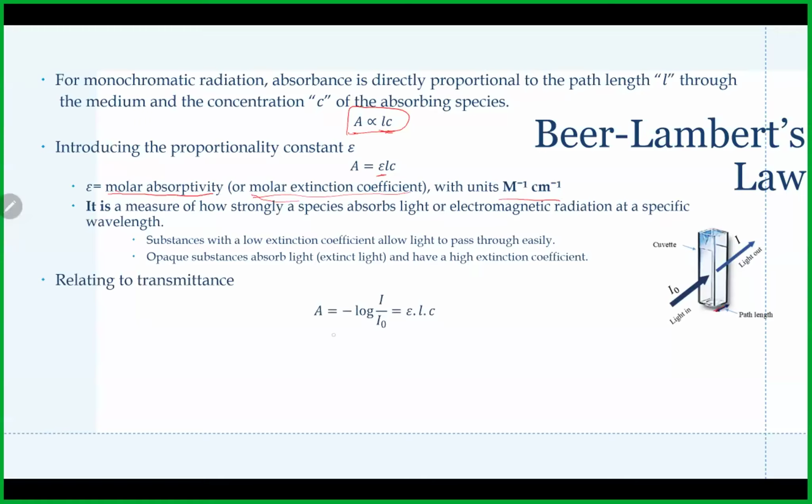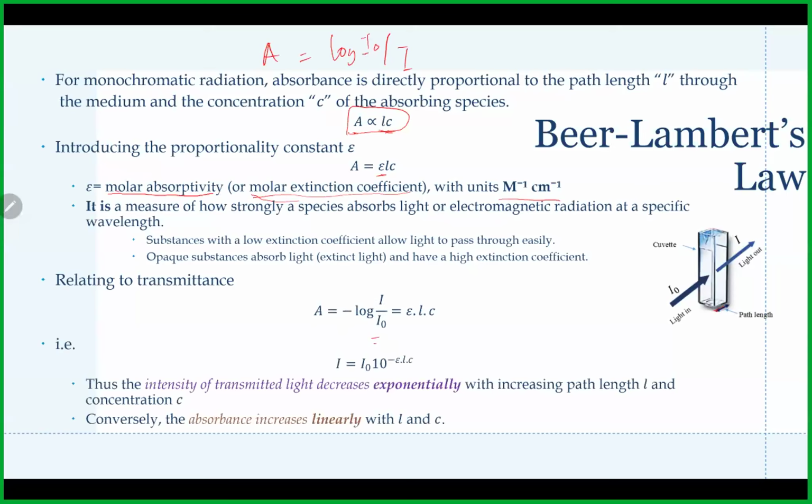If we take it back to the equation that we got the other time, log I naught over I, or minus log I over I naught, we have that I, which is the transmitted light, is given by I naught times 10 to the power minus epsilon l c. The epsilon is related to how strongly any species absorbs electromagnetic radiation.